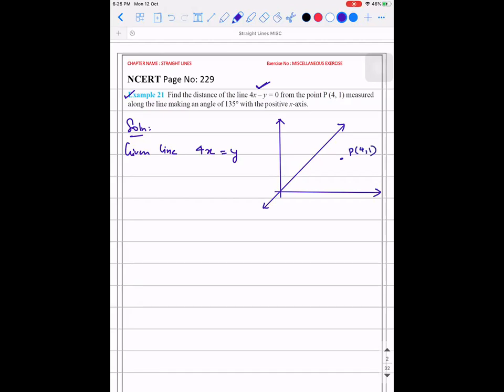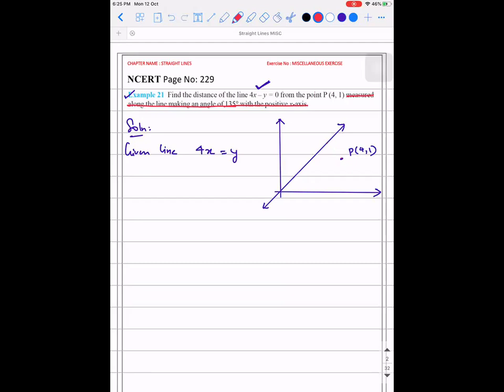They're asking the distance of the line from the point. See, remember, if this condition, measured along the line making an angle of 135 degrees with the positive x-axis, was not given, then we could have directly taken the perpendicular distance, and we have a formula, (ax1 + by1 + c) divided by root of a squared plus b squared, we could have solved it.